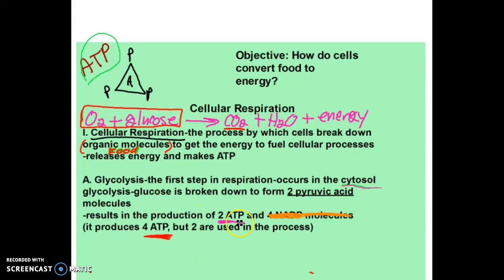It results in the production of a couple of those ATP and you don't have to write this down, but some other carrier molecules that we're going to see their purpose in a little bit later on. Technically, this produces 4 ATP, but usually 2 of them are used up in the process. That was mentioned in the video. So we say net production.